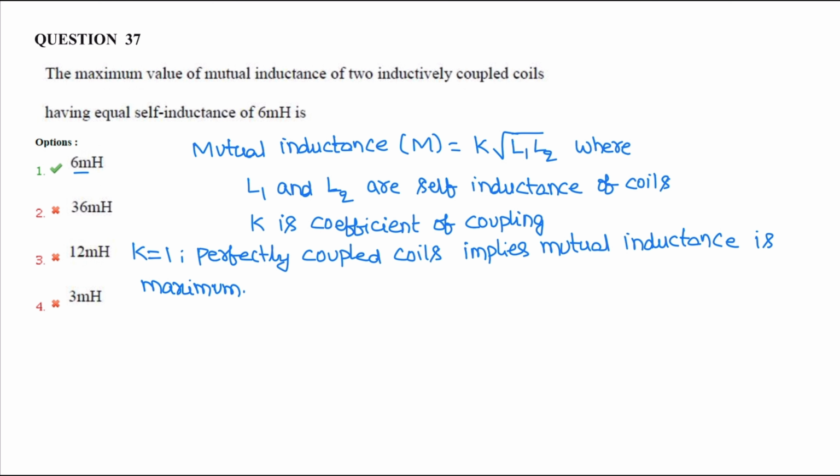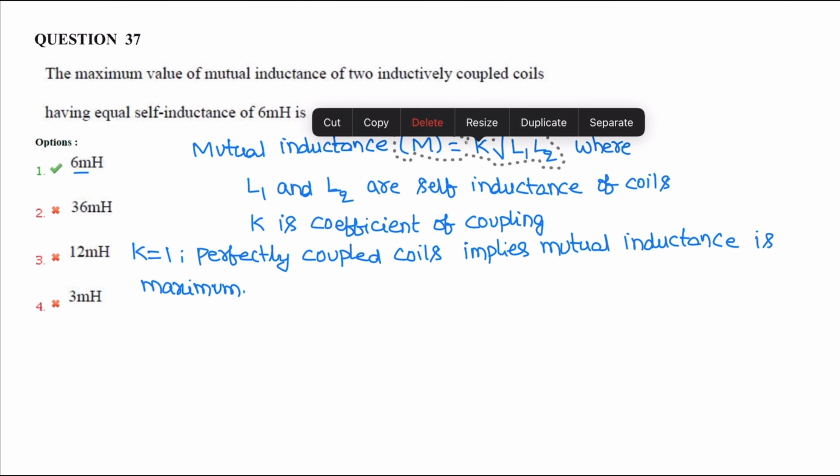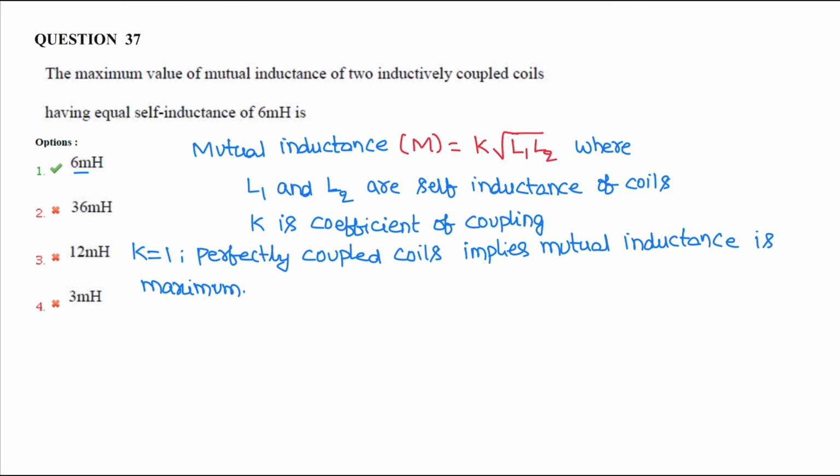So we know that the formula for mutual inductance M is equal to K root L1 L2, where L1 L2 are self-inductance of the coils, K is the coefficient of coupling, and this mutual inductance is maximum when the coils are perfectly coupled. That is, for perfectly coupled coils, the value of K is 1, implies mutual inductance is maximum.